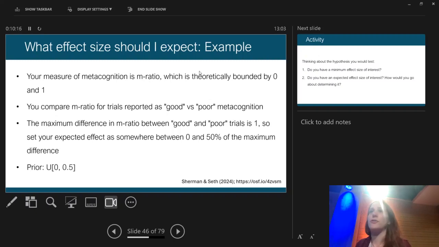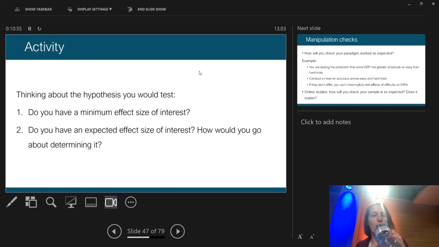So from nothing to 50% of the maximum. So it can be a little bit rough like this, and it shouldn't hugely matter if your effect is real, precisely what you decide, as long as it makes sense and the reasoning is solid. So you can base your effect sizes on your understanding of the measures you're using as well and how they should behave.